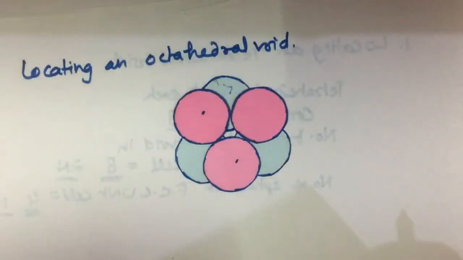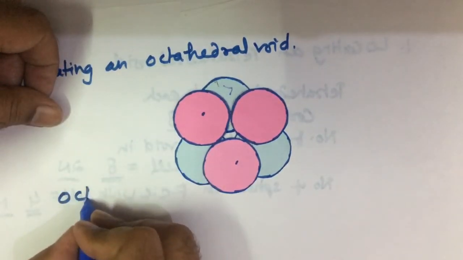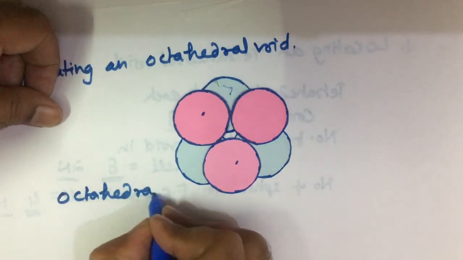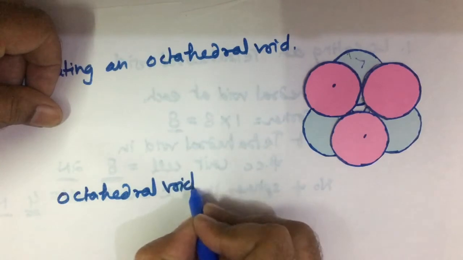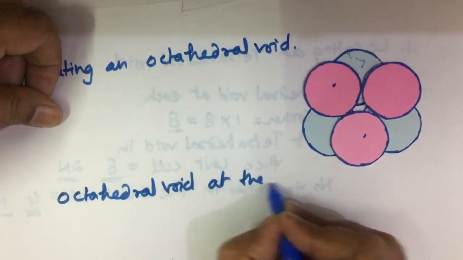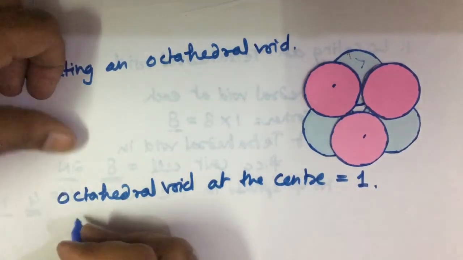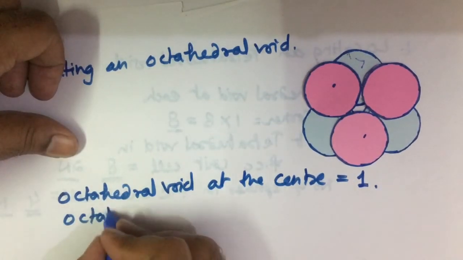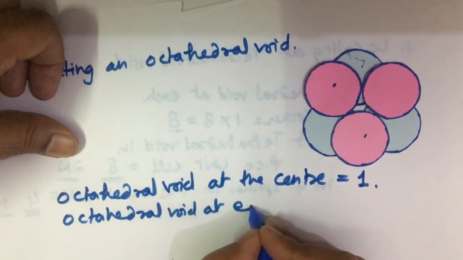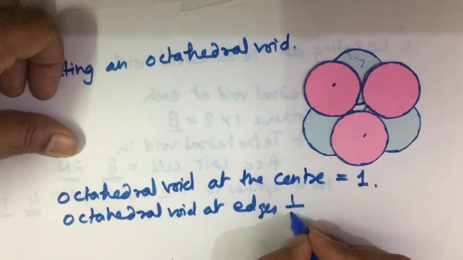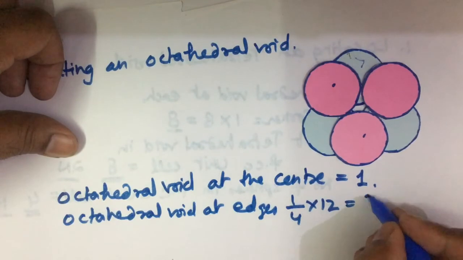Now let's see. Octahedral void at the center is equal to 1. Octahedral void at edges, 1 by 4 at each edge, multiplied by 12 edges, is equal to 3.